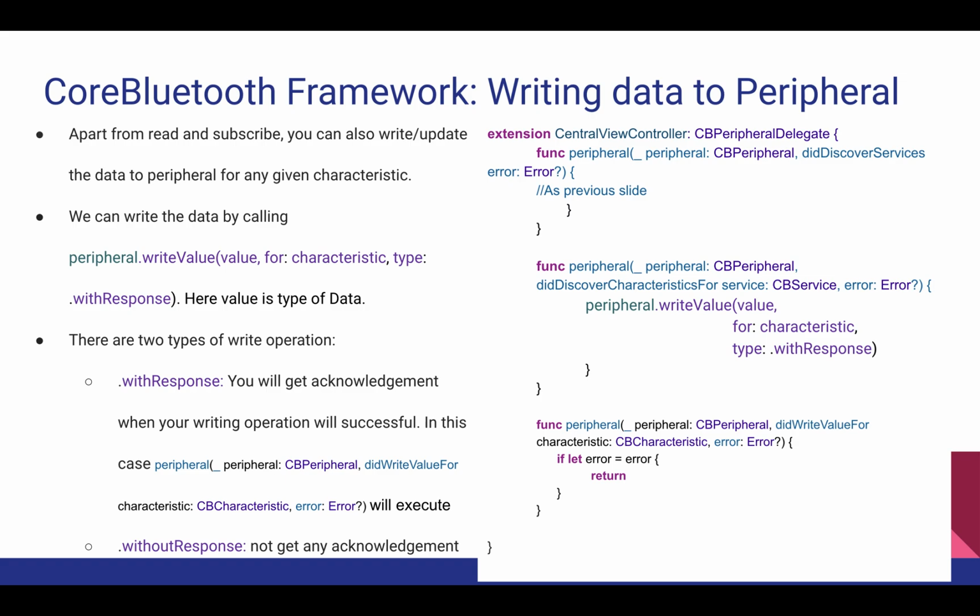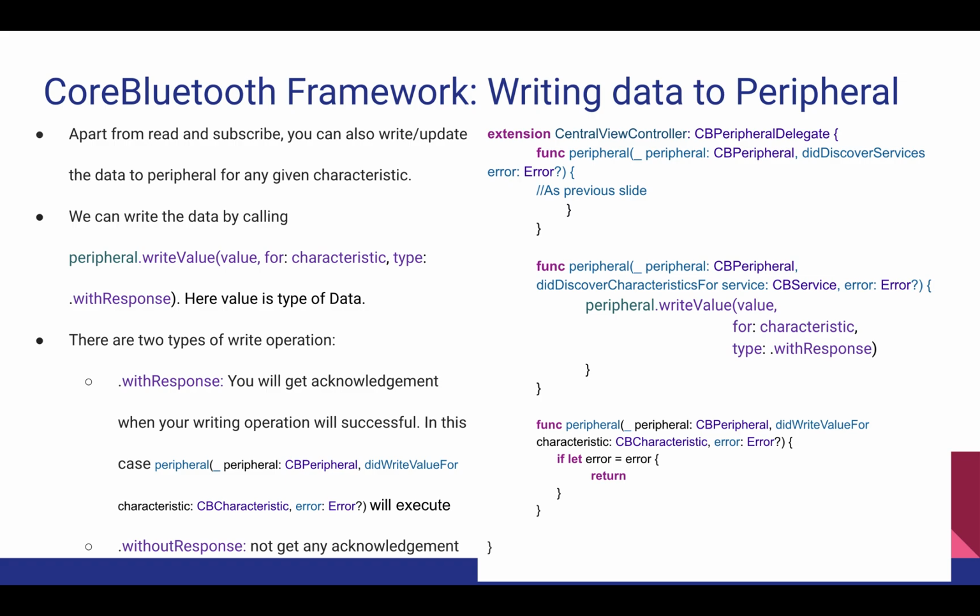And the last but not least operation is writing to the peripheral. Apart from read and subscribe, you can also write and update the data to the peripheral for any given characteristic.